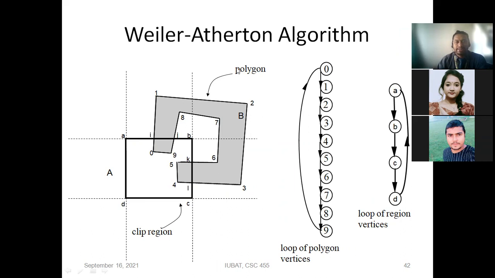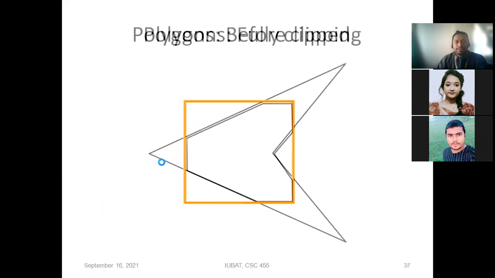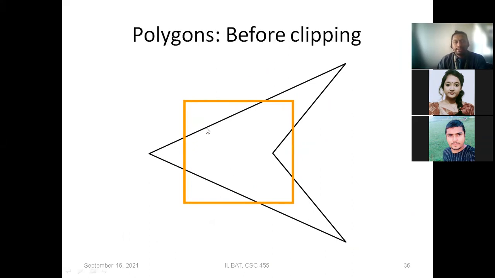Say this is an example that we are going to clip with the Weiler-Atherton algorithm. Now, if we consider this example, if this is my starting point, then I enter into the window. Again, I'm exiting the window, right? Reached my point. Then again I'm entering the window and then leaving the window, and again entering the window and leaving the window. This is the way it has moved.